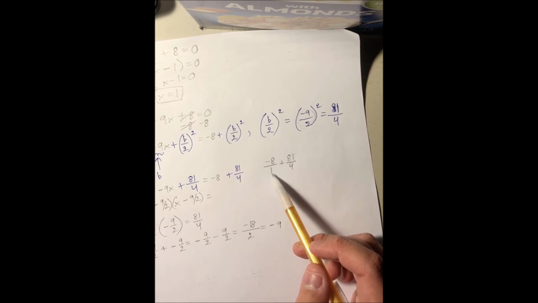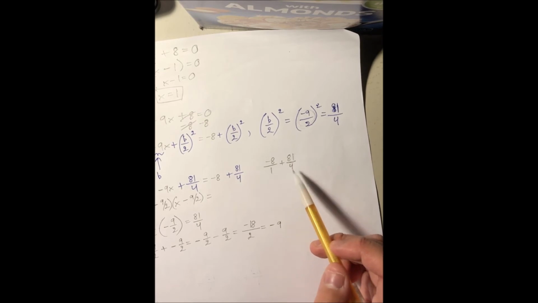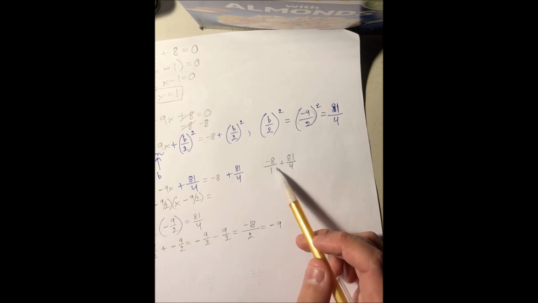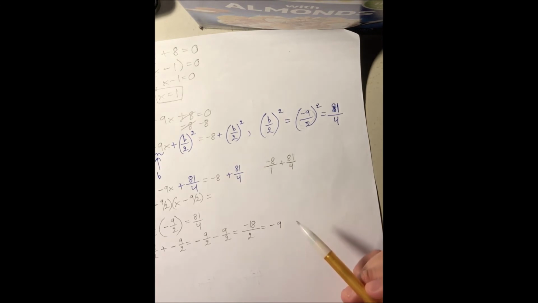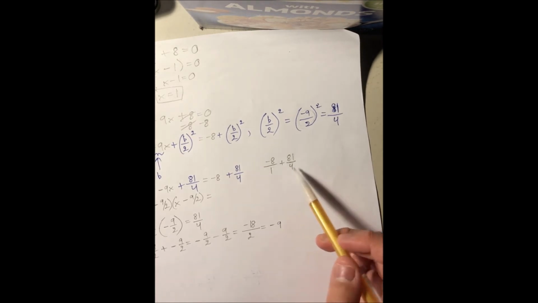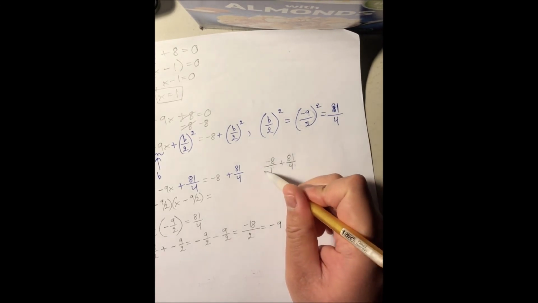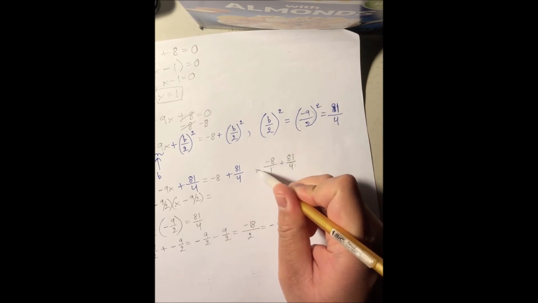So looking at the smaller denominator and comparing it to the larger denominator, the smaller denominator, positive 1, is one of the multiplicative factors of the larger one. So I can convert the smaller one to the larger by simply multiplying it by positive 4.